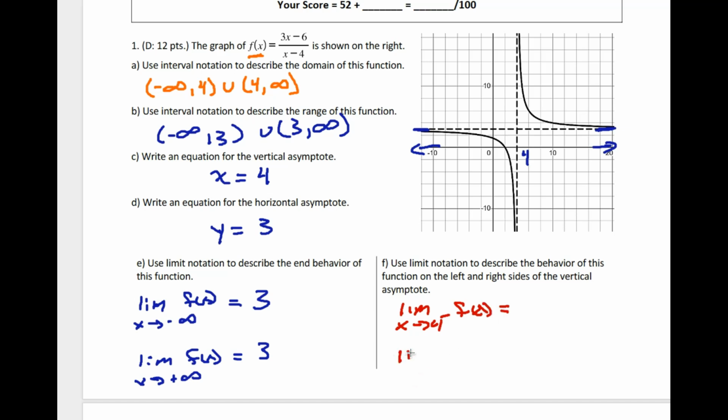And we're going to describe the behavior as x approaches from the right. Okay, from the left, as x gets closer and closer on this side to the asymptote, our function is going to negative infinity. And as we approach positive 4 from the right, our function is approaching positive infinity.